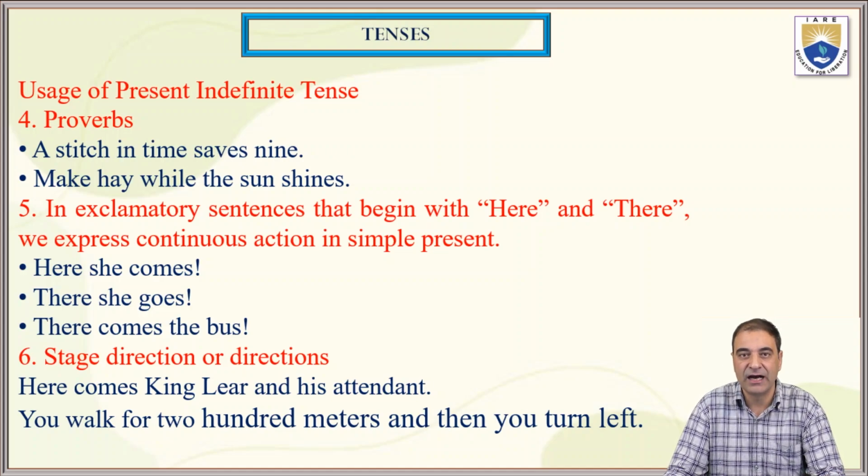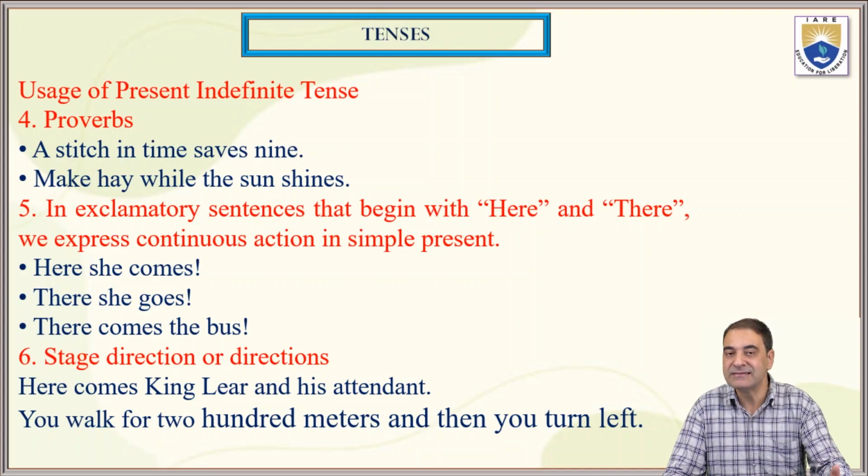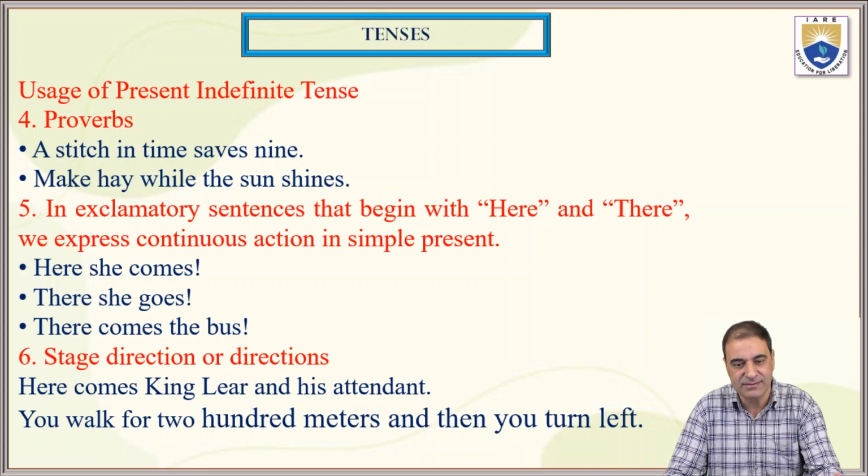In fact, I use simple present tense, because the rule is, if you find a sentence starting with here and there and ends with an exclamatory mark, we use simple present tense instead of present continuous tense. That means present continuous tense is replaced by simple present tense, like here. Here she comes. There she goes.